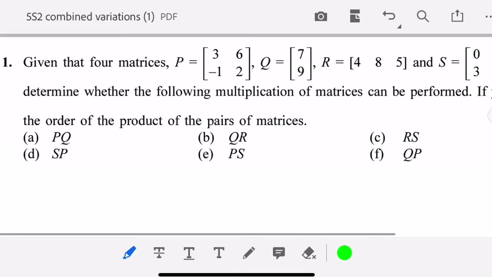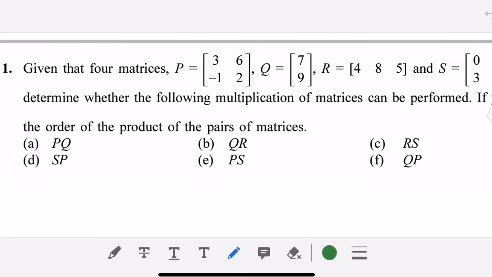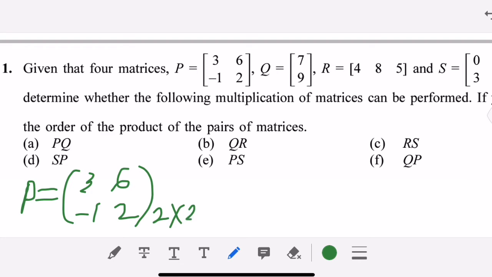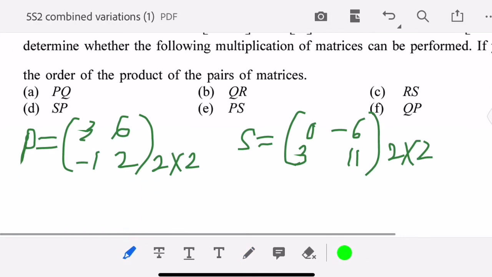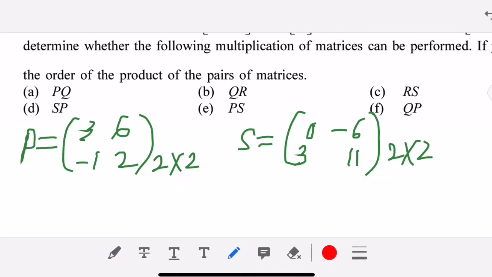Let's see. E is P and S. So for P, we are having 3, 6, negative 1, 2. We have 2 by 2. And then for the S, we are having 0, 3, negative 6, 11, also 2 by 2. Now let's study whether the number of columns and number of rows are equal.